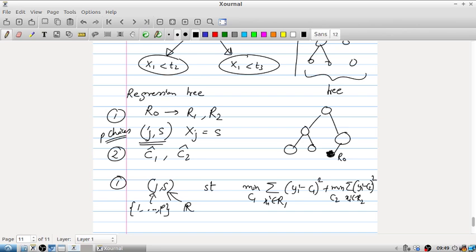So you have very few choices. The choice of j and s affects R1 and R2, and because of R1 and R2 you get a number. So for every j comma s value you get a number, right? Try to get the number which is the lowest. Is that clear?